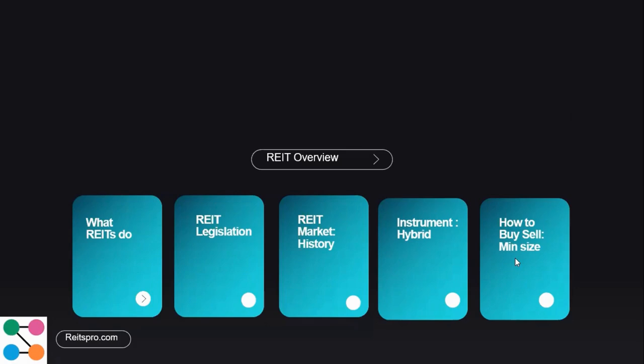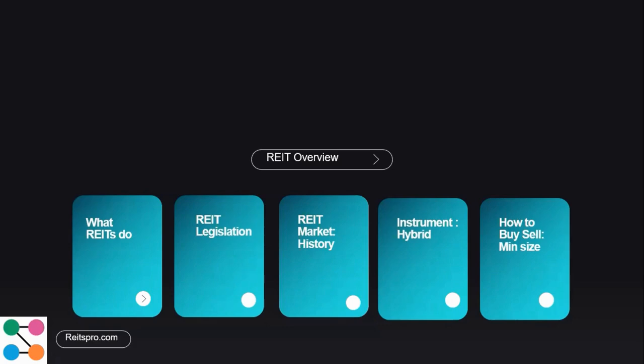Now, you have a minimum lot size. This lot size was very huge earlier, so you could not put your money in unless you had a couple of lakh rupees in terms of the quantum of capital you needed for REITs. But now it's only 1 unit. The issue sizes were adjusted accordingly, and we have a unit size of 1 marketable unit.